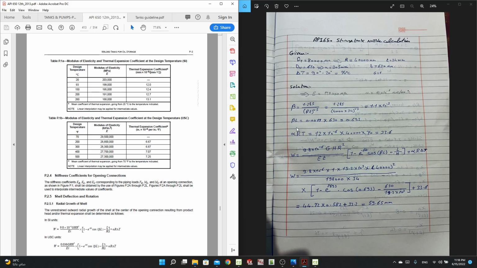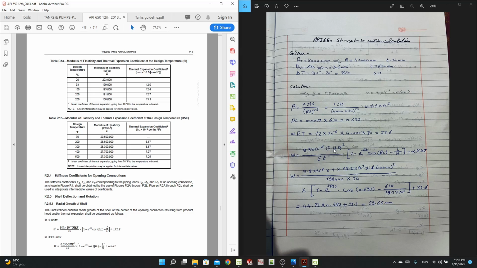Then we calculate the thermal expansion due to the temperature, and it will be alpha times the radius times the delta T. This is, by the way, the delta T. After calculating this, we will go to the equation mentioned here for the thermal growth of the shell, and we will apply it.